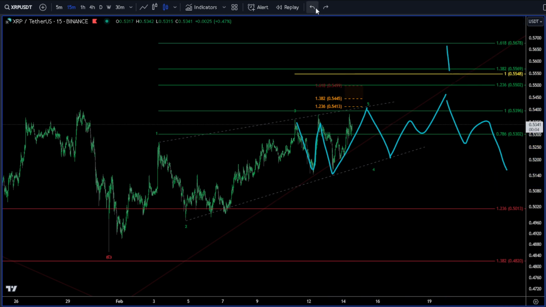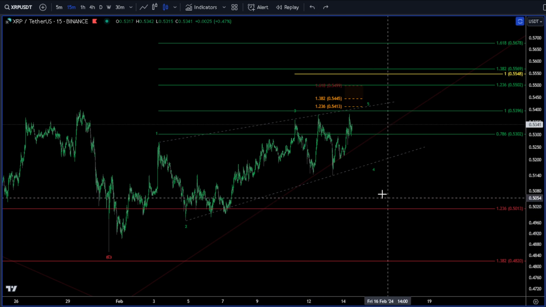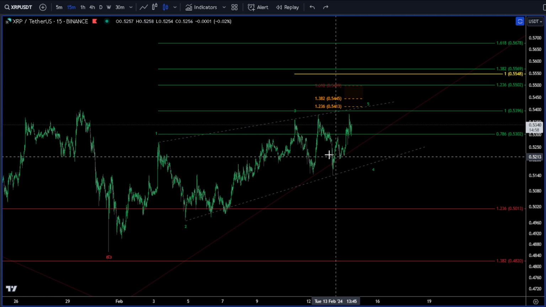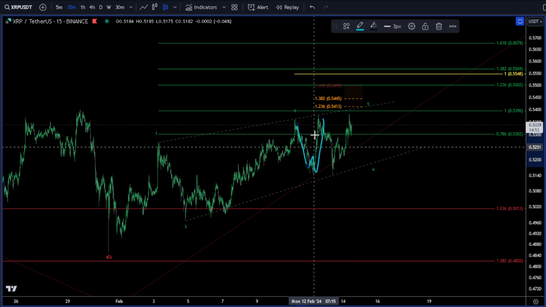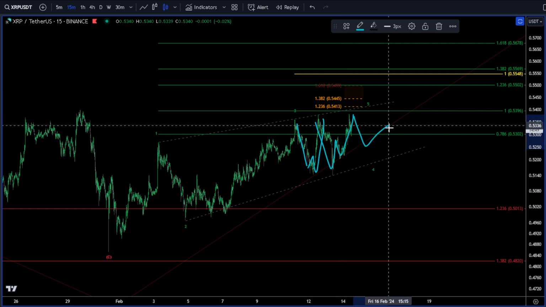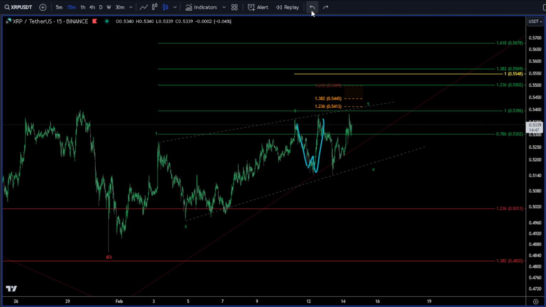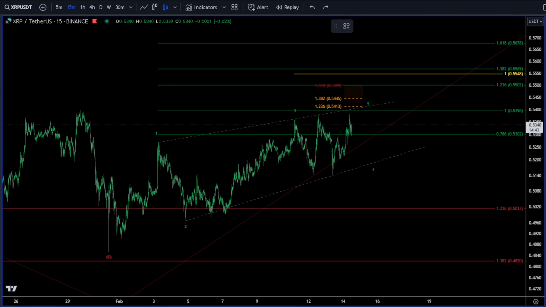So a lot of chop in this area, so it's hard to lean into anything reasonable. Again, it could be complete, where this is an expanded flat, and this is a WXY, and this is our ABC for our fifth, and we come back now. But I would suggest waiting for the retracement just so we can get a clear count on this.